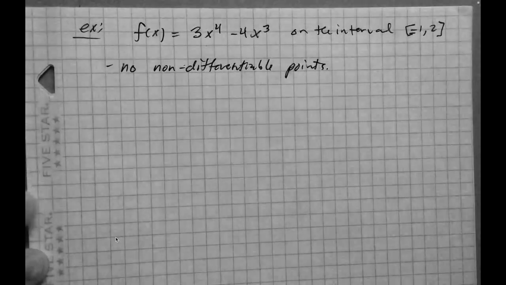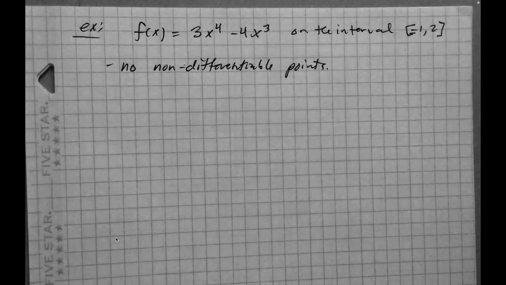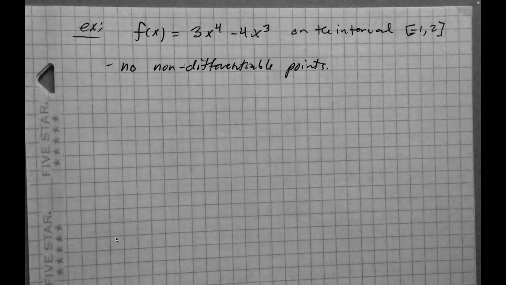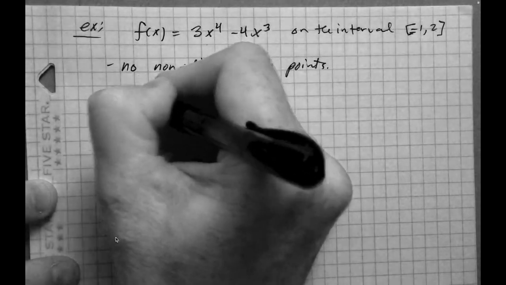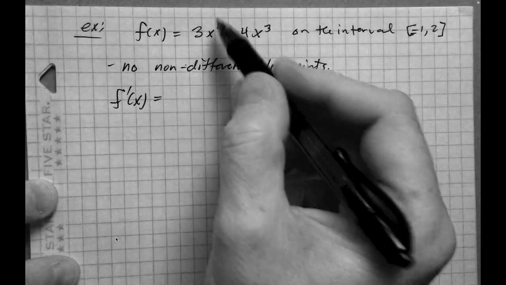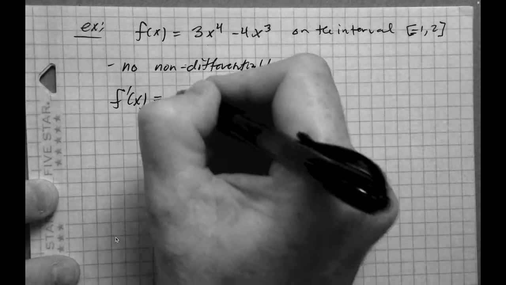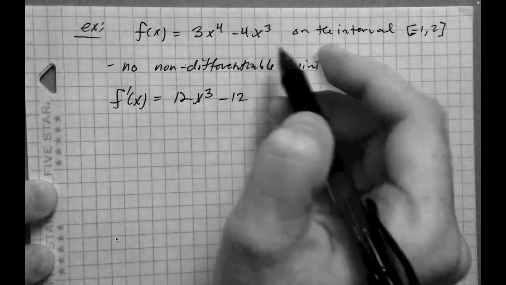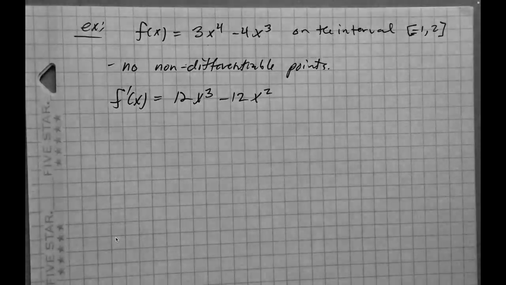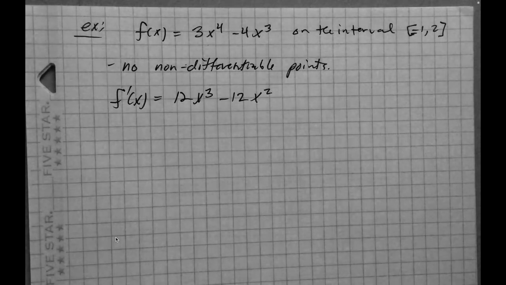Something to note. Okay. So let's go through and find the critical numbers, the critical values that pertain to zeros of the derivative. So let's calculate the derivative here. The derivative is 3 times 4 is 12x cubed minus 12x squared. Real easy to calculate that.